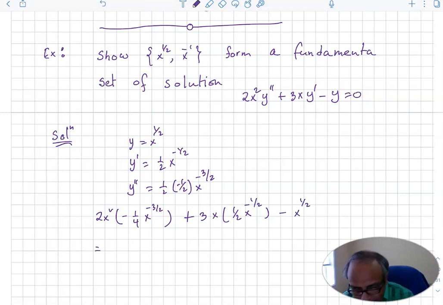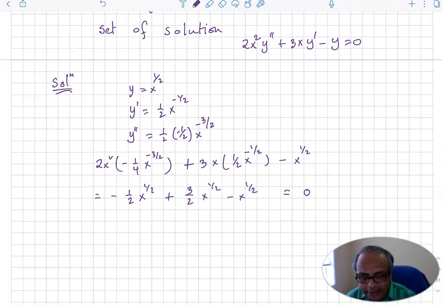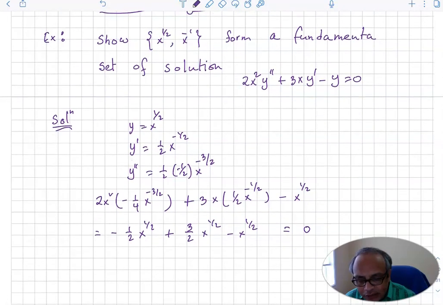Then if we evaluate, the first term is going to be negative half x to the power 2 minus 3 over 2, which is half, plus 3 over 2 x to the power 1 minus half, which is half, and x to the power half. And you can see that negative half and 1 forms negative 3 over 2, and then you have 3 over 2, so that gets cancelled.